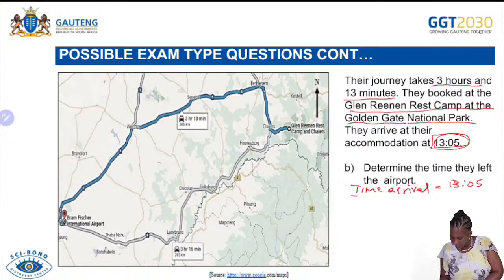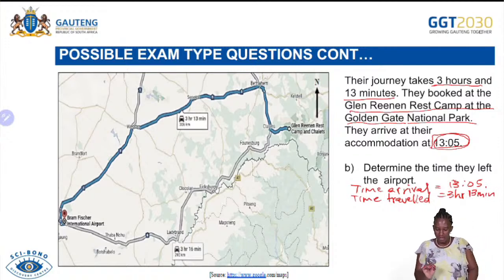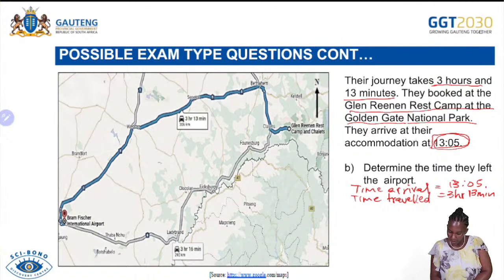And then the time traveled is 3 hours and 13 minutes. That is the time that they have traveled. Now we want to know at what time did they leave the airport. It says determine the time they left the airport.